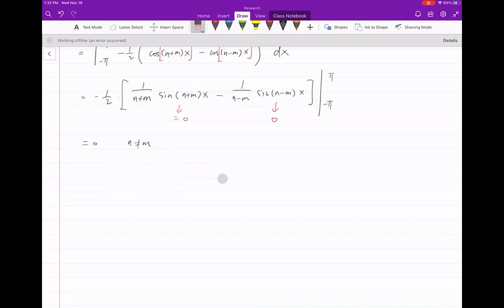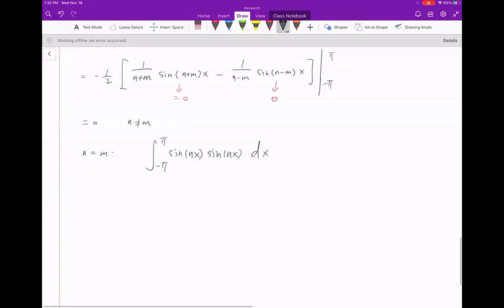Okay, that is basically what we can have. So what happens if n equals m? Then we have sine nx, sine nx again. Once we have that, we can actually easily do it.